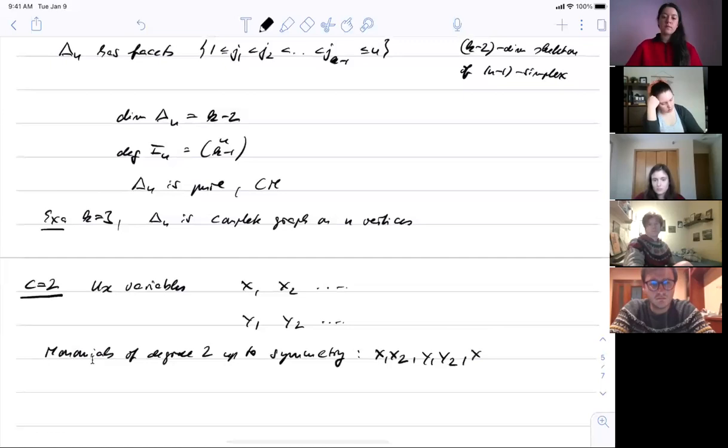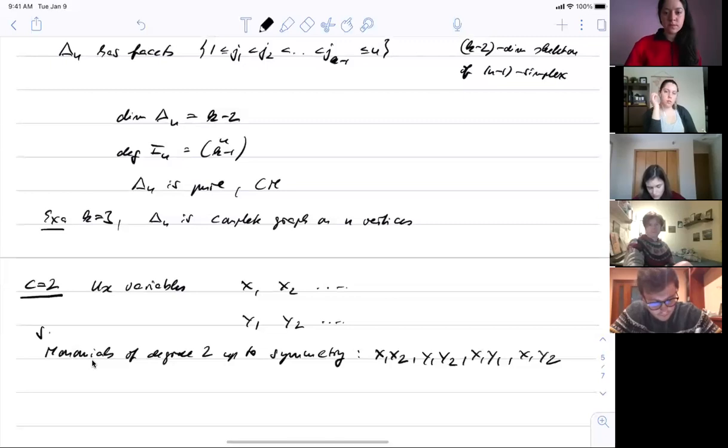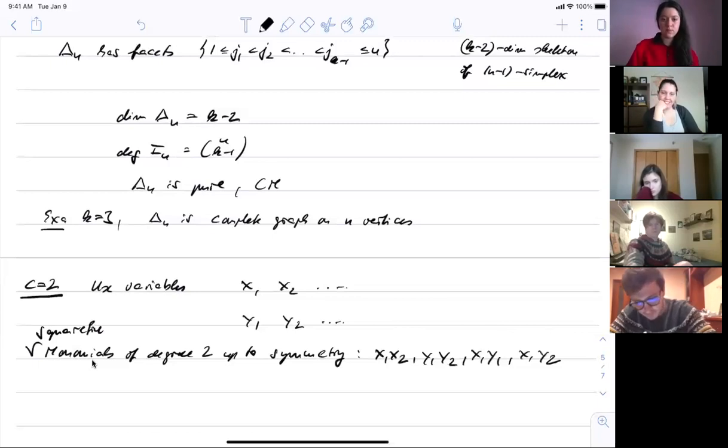Yeah, x1, y1. Is that all? Antonio is saying x1, y2 also. Yeah, x1, y2. But we need square-free monomials. Oh yeah, yes. From now on, everything is square-free. Yes, thank you.